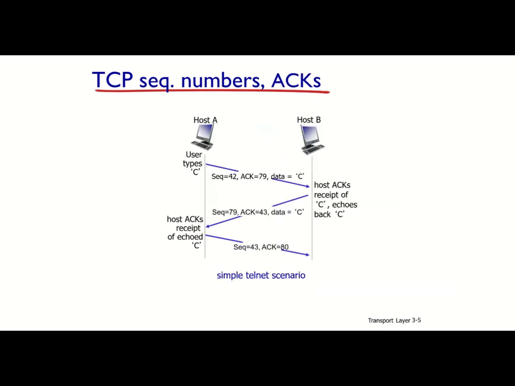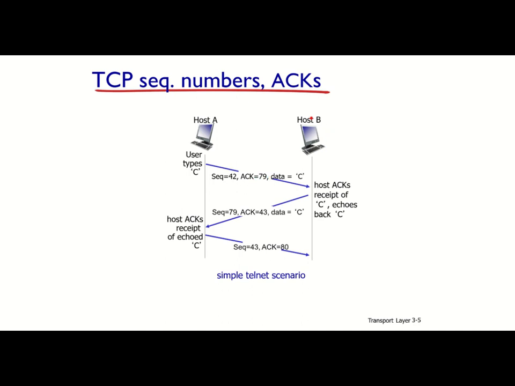So here you can see how sequence number and acknowledgement number work. Let's assume we have two parties, host A and host B. Host A can be sender and receiver, and host B can also be sender and receiver, because TCP, as we said, is a bidirectional protocol. Assume that host A sends data with 1 byte, like the character C, to host B, with sequence number 42 and acknowledgement number 79.